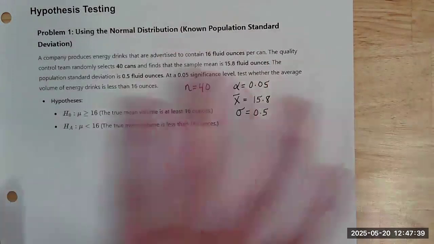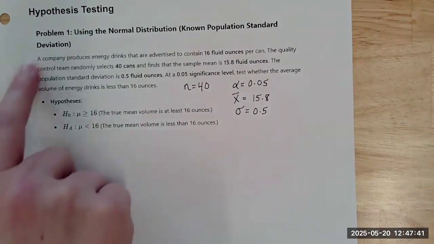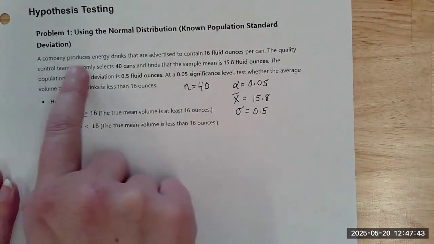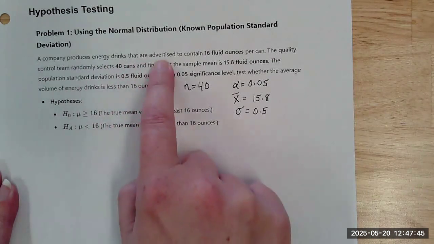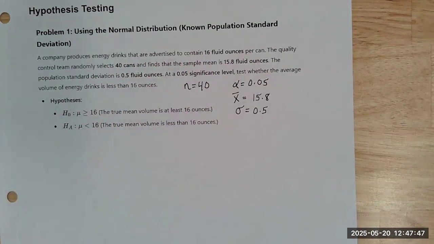So in the words that she's giving you, okay? First thing when I'm reading the first sentence, a company produces energy drinks that are advertised to contain 16 fluid ounces per can. We're about to hit that as our null hypothesis. Remember when I was talking about null hypothesis versus the alternative hypothesis, the null hypothesis is boring.